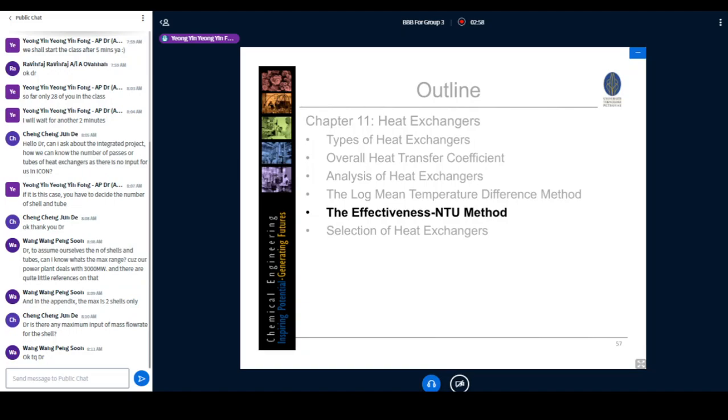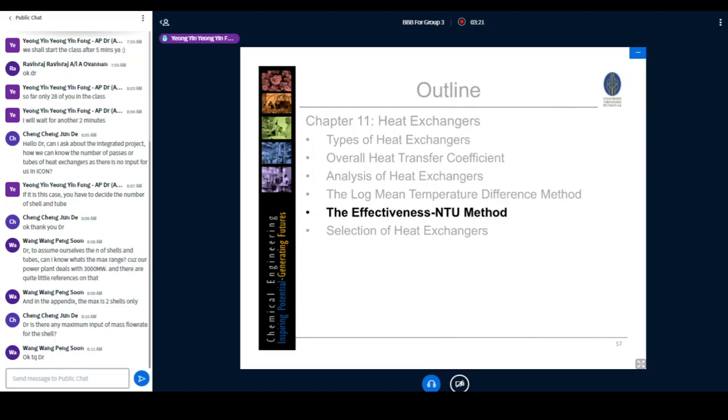After the design, maybe you need to repeat your design to get a reasonable value. What do I mean by reasonable value? You can compare in the website the common or the commercial type of shell and tube heat exchanger.